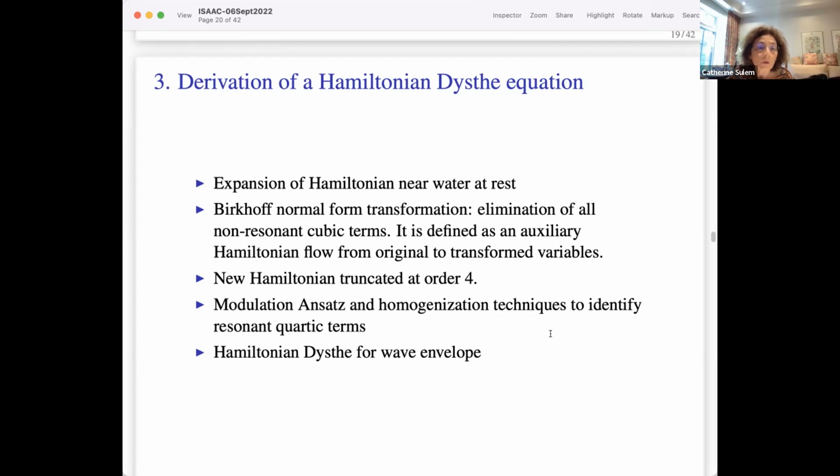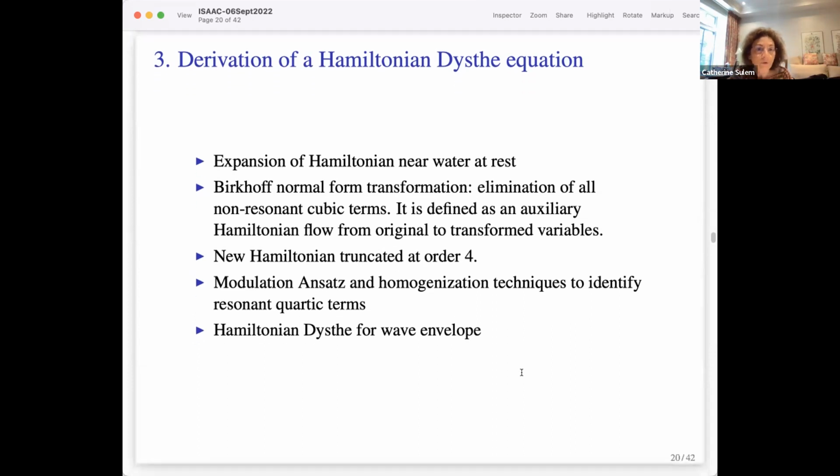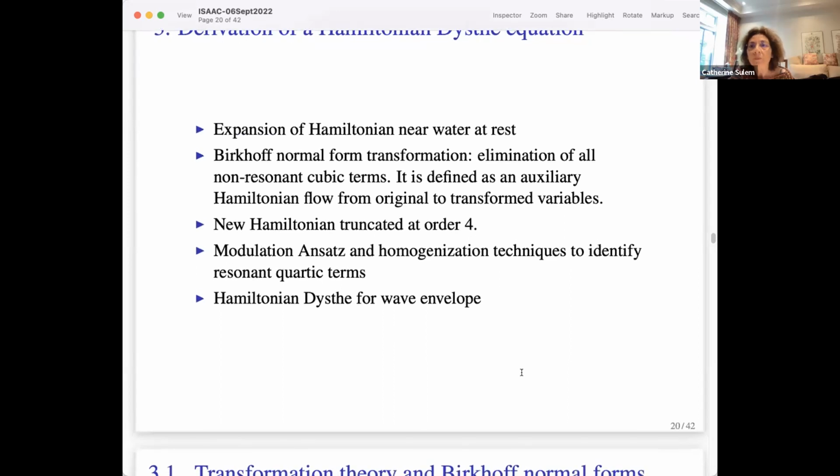One uses homogenization techniques to identify the resonant quartic terms and eliminate all non-resonant quartic terms. The final result is a Hamiltonian Dysthe equation for the wave envelope.